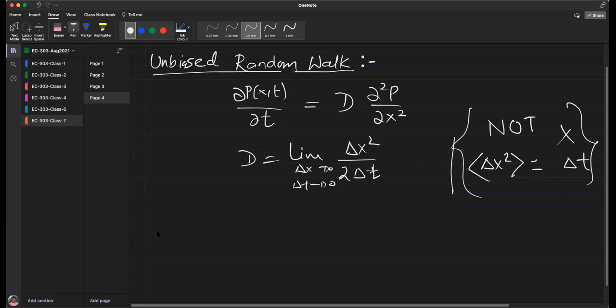Now, if you do a biased random walk, again, the definitions I have covered, so I won't do it again.